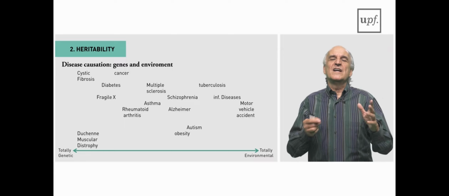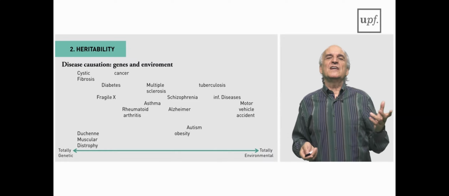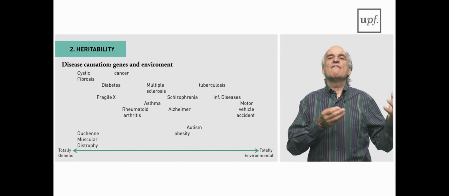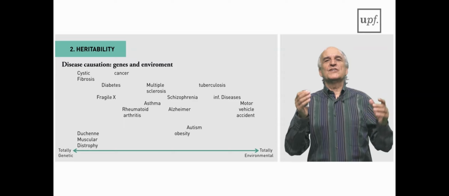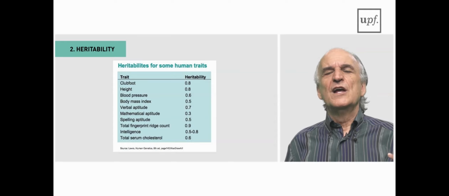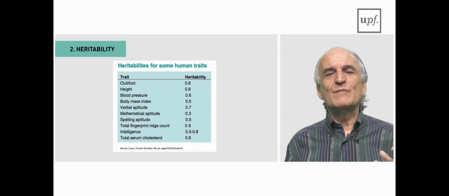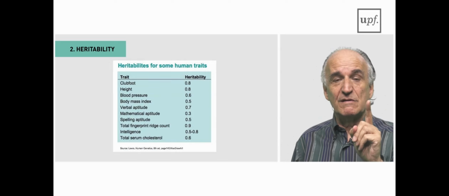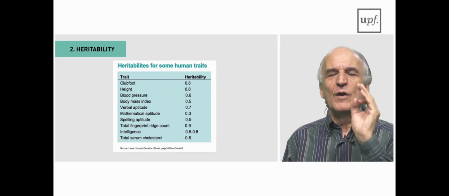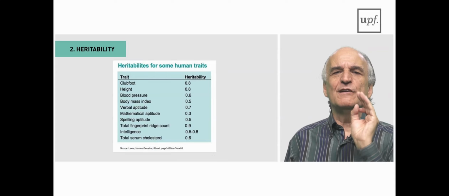So this line is a rough idea of the values of h squared, and here what we have are different conditions in which we have varying degrees of importance of genes versus environment. It is interesting to see that there are strong heritabilities for some human traits, and this is interesting because it means that we have to work to dissect and recognize exactly what the genetic base of that is.